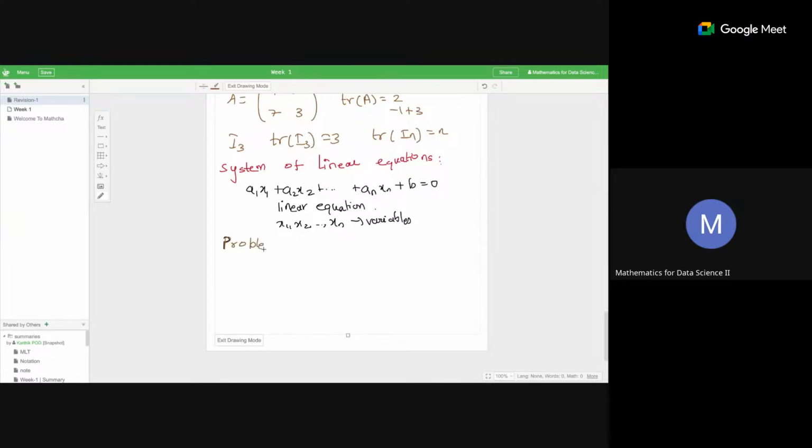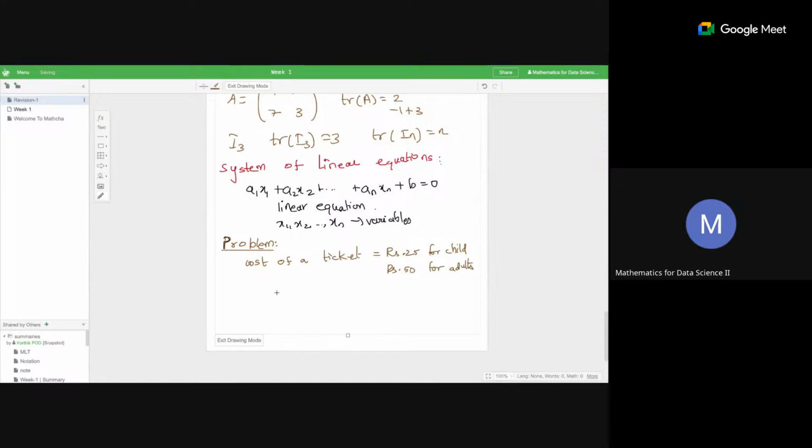Okay, so the problem statement I will write. You are going to look at this problem statement and frame some linear equations from this. The cost of a ticket is rupees 25 for children, and it is rupees 50 for adults.